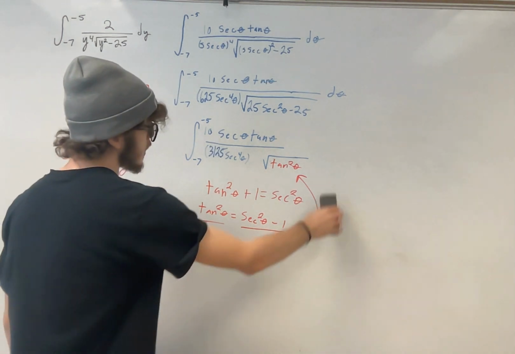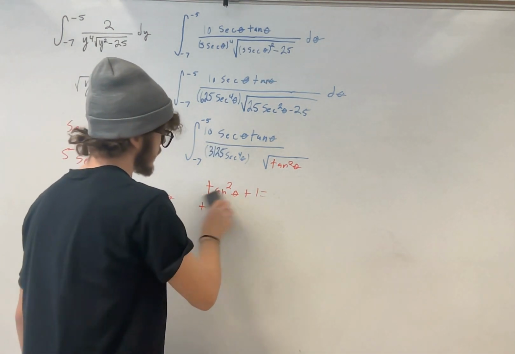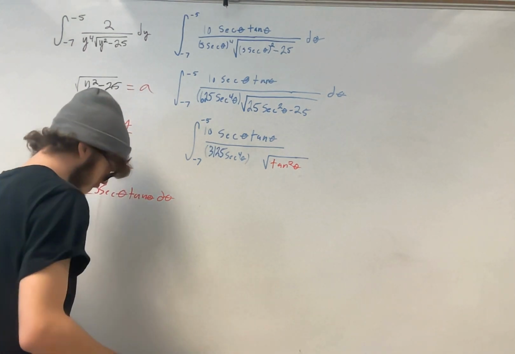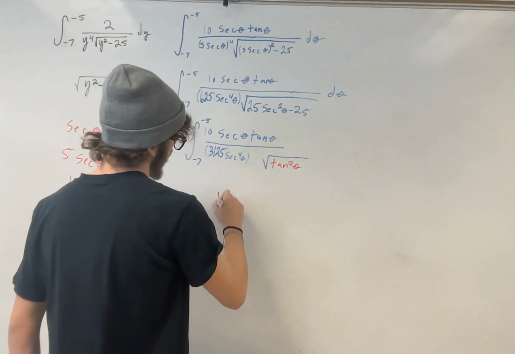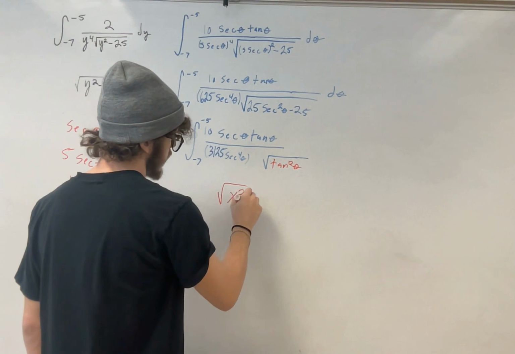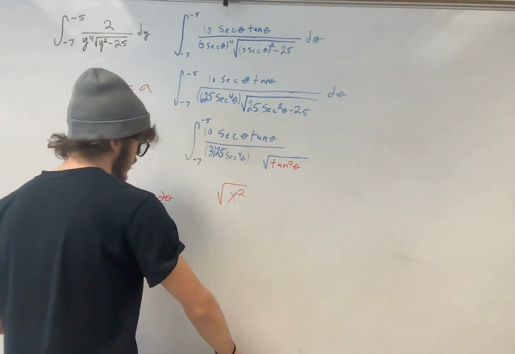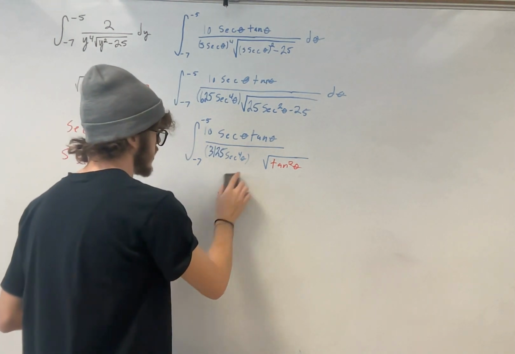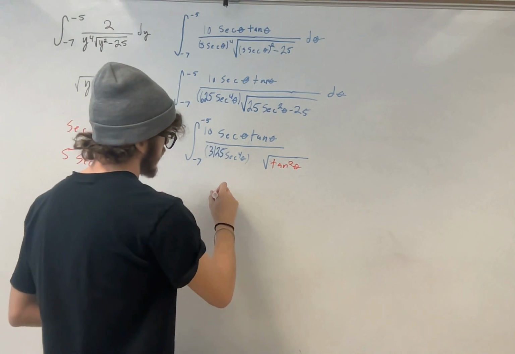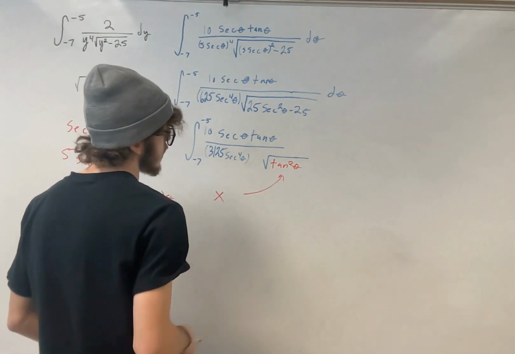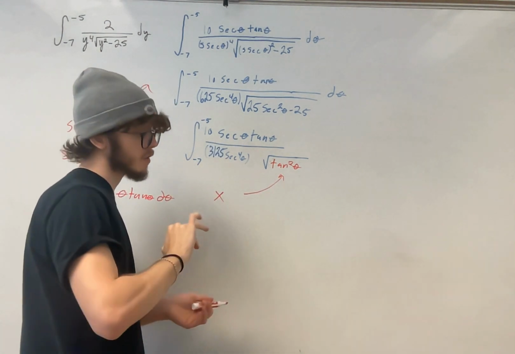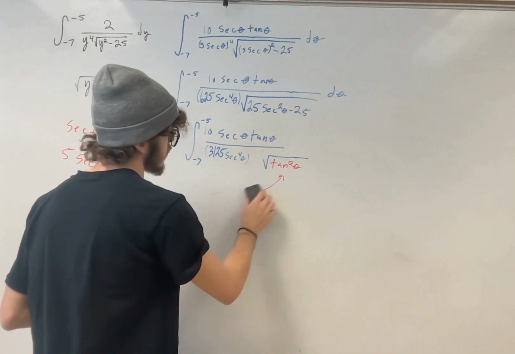Okay, so we have this simplification. There's even another simplification we can do. If we have the square root of x squared, what happens to the square and the square root? They cancel, and you're just left with x. The same is true with this tangent function here. It's squared, we're taking the square root of it. It just cancels out the square.